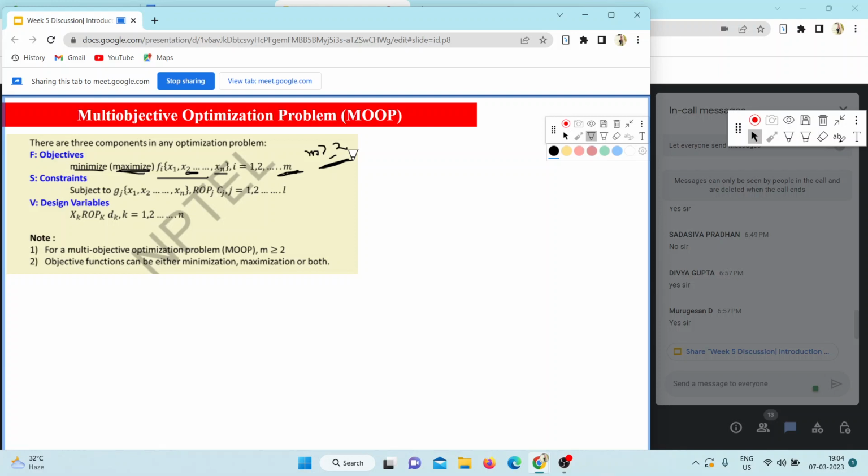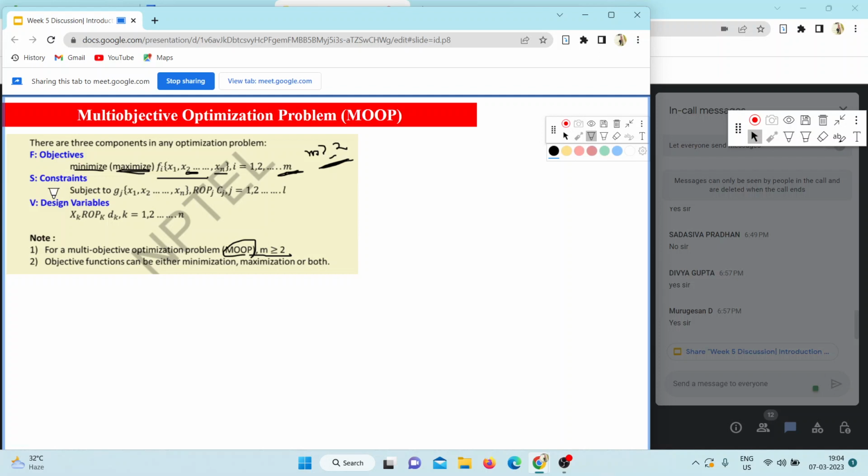That means the objectives you have to optimize are more than one. In short form we call it MOOP. This is your multi-objective optimization.